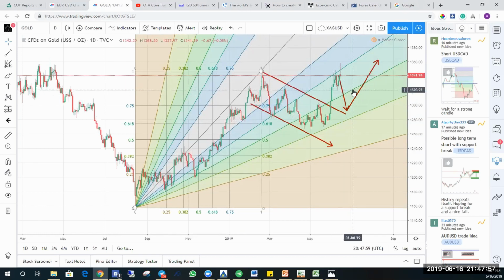We could have it retrace up to this level here, test this 0.5 retracement level of the Fibonacci fan, or we could get a deeper pullback down here. That is where we are at the moment for gold.